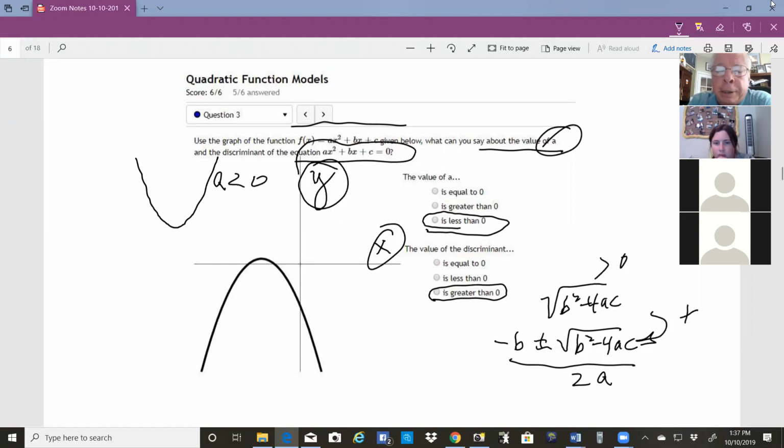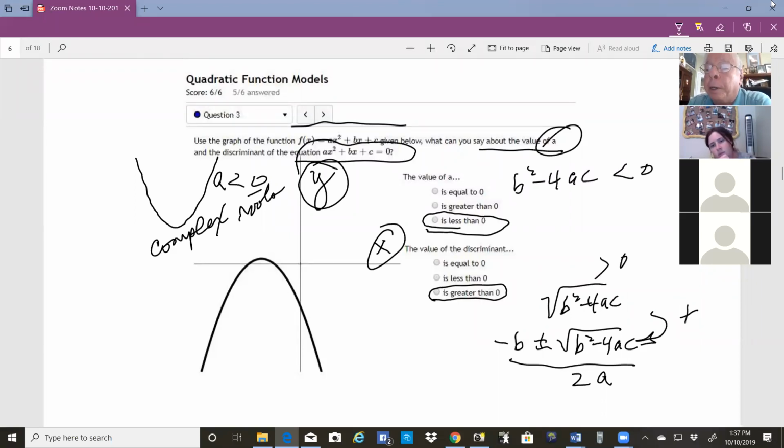That means you have complex roots, and b squared minus 4ac is less than 0. So you're trying to take the square root of a negative number, and remember, suppose it was minus 16, that would be 4i. So you have your imaginary complex roots.